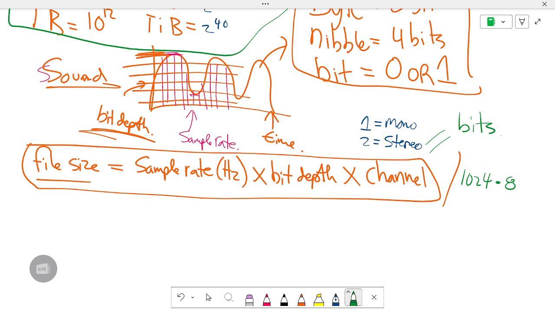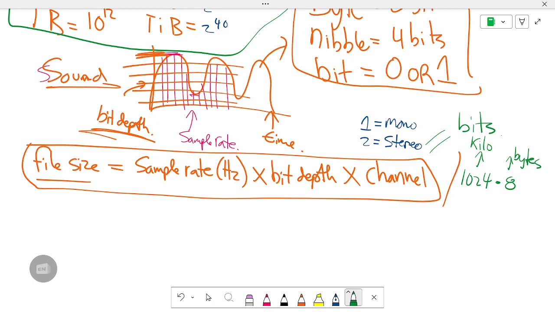Byte. Yes. This converts the bits to bytes. And the 1024, what does that convert to? Why do we have to divide? It gives you the kilobyte, the kilo.